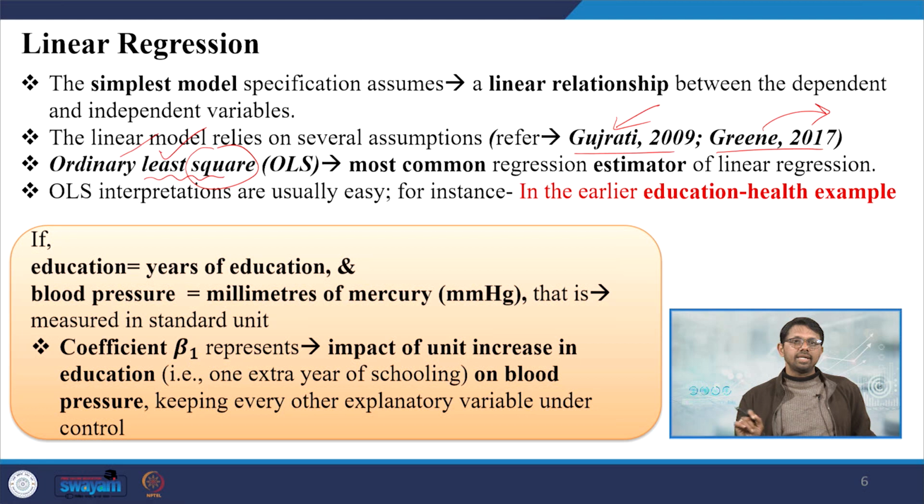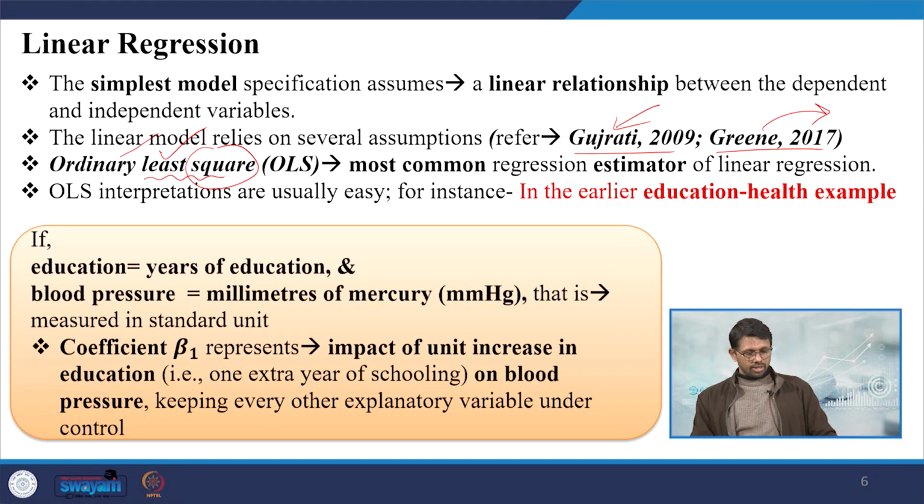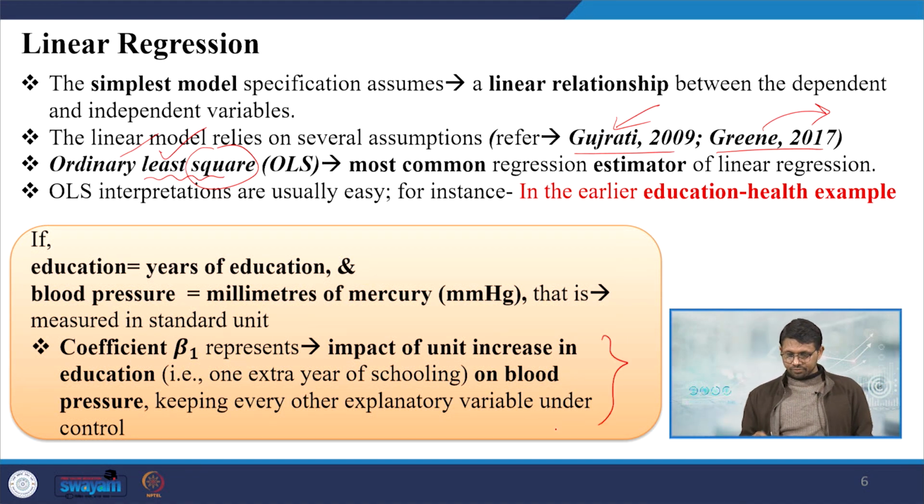Then the coefficient beta 1 represents the impact of a unit increase in education, that is one extra year of schooling, on blood pressure, keeping every other explanatory variable under control. That is why it is interpreted.